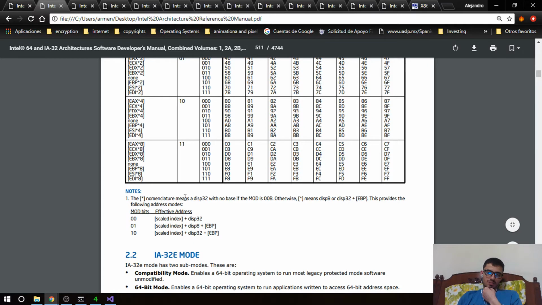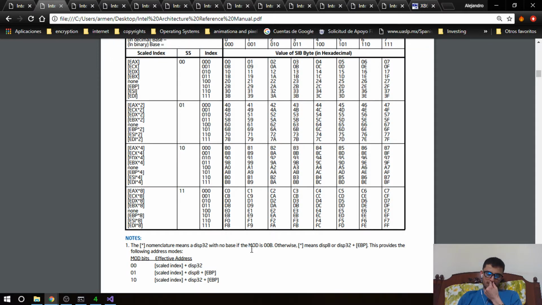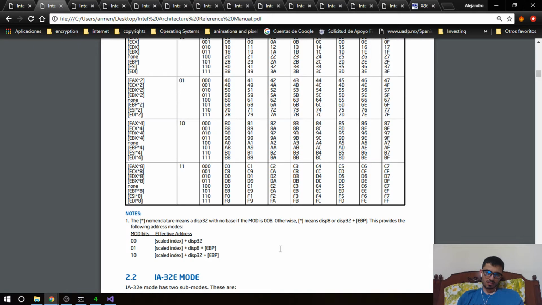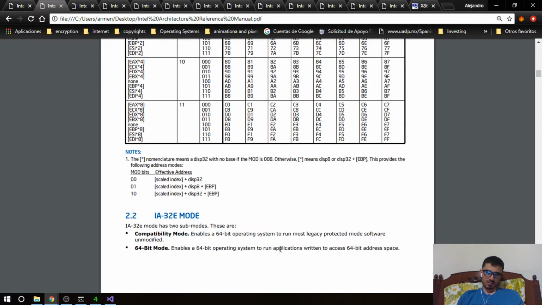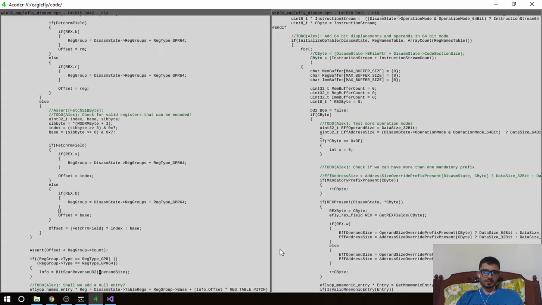The nomenclature means displacement 32 with no base if the mod is 00B, otherwise it means displacement 32. Which is another case. But for now, let's say we have something like that.